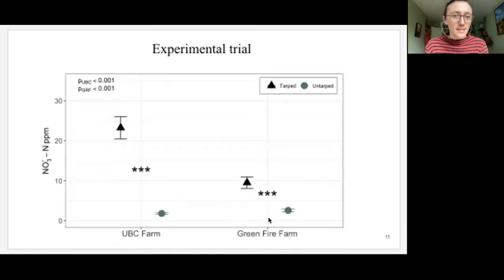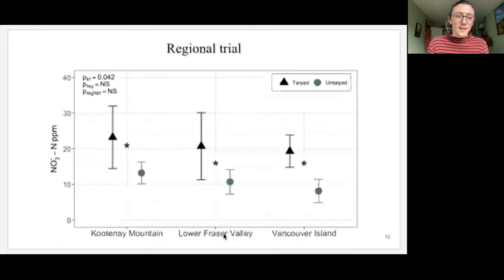In both cases, the tarped plots had significantly higher concentrations of nitrate in the spring of 2020, which supports the idea that these tarps protected the nitrate ions from leaching in the winter rains. And we saw a really similar trend on the regional trials.